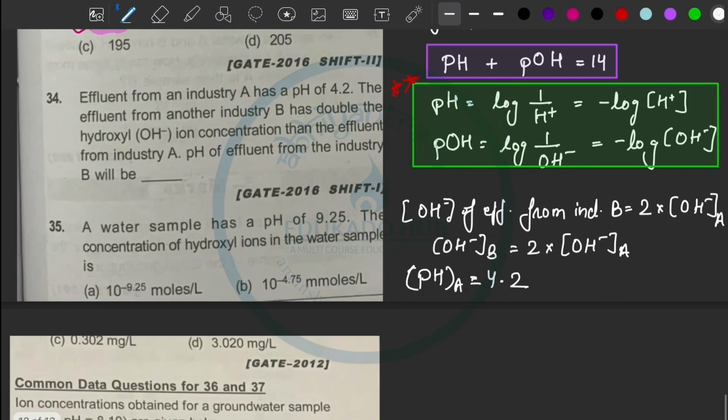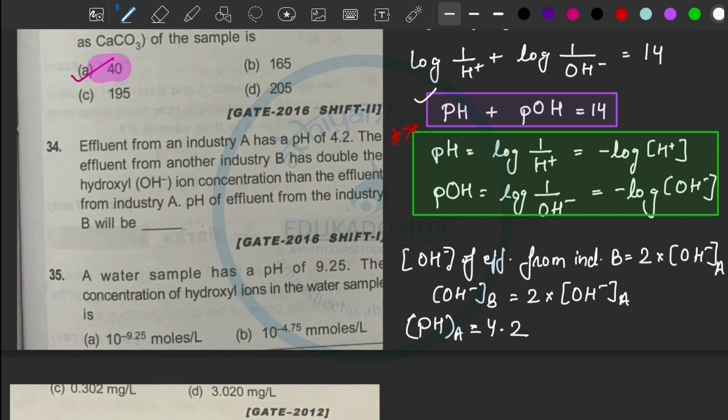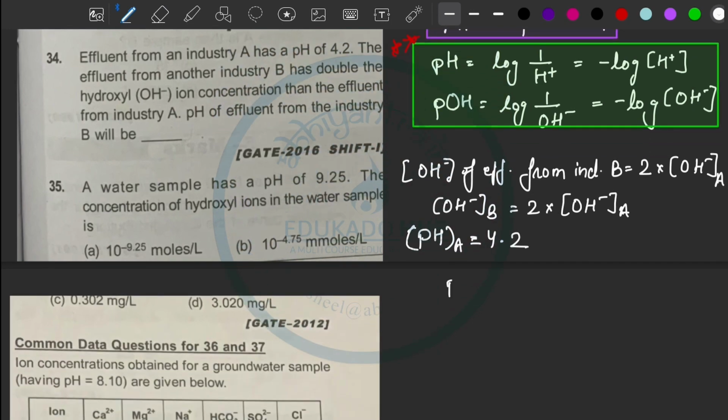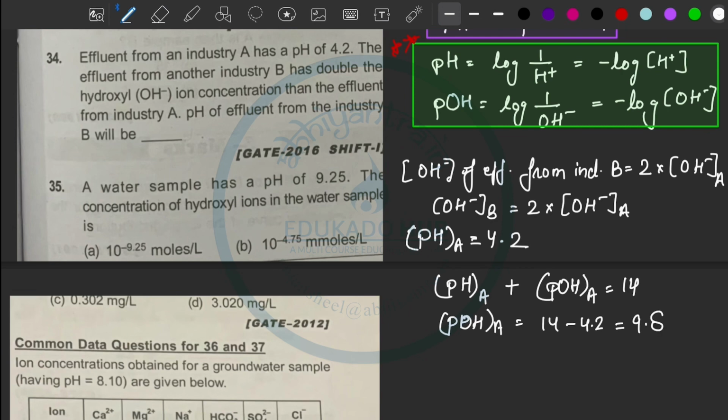Now we know the formula, pH plus pOH is equal to 14. So pH of A plus pOH of A will be equal to 14, right? By that we can say pOH of A is equal to 14 minus 4.2, and it comes to be 9.8.